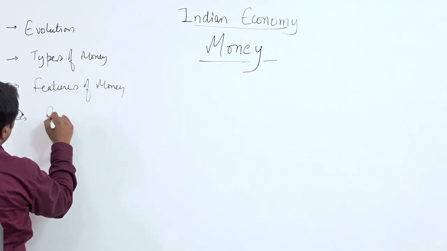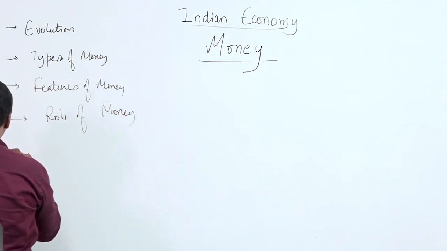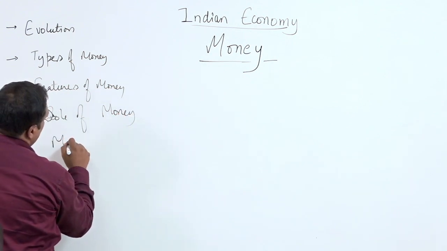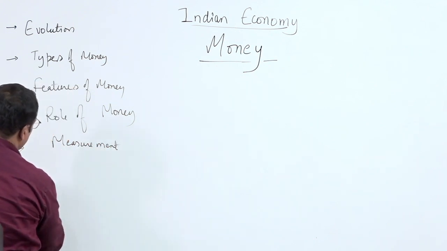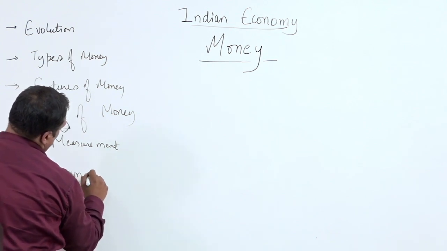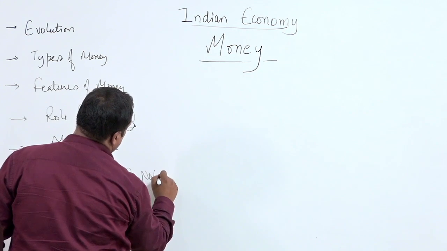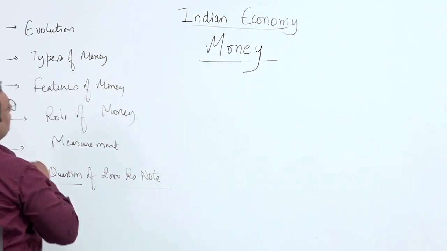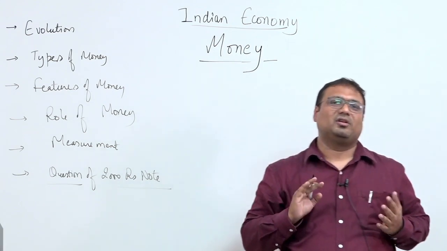And then we will look into the role of money. After the role of money, we will look into the measurement, and ultimately we will look into the question of the 2000 rupee note. So this is what we are essentially going to cover in this very small session.